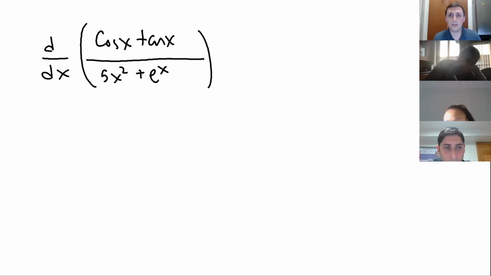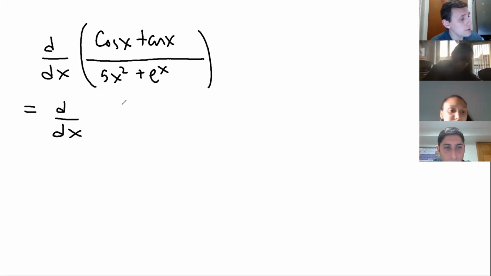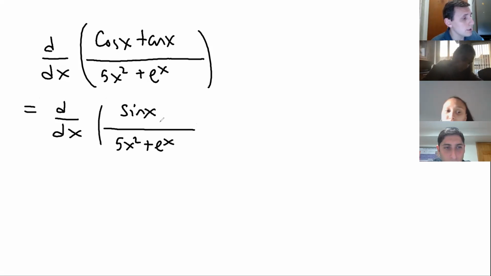All right, guys, how has it been? So you can, of course, do it directly, but look at it, guys. There is a quotient rule and a product rule. And it's much easier to simplify it. What is tangent? It's sine over cosine. It would be much simpler before taking derivative to simplify the numerator and to just write that numerator is simply sine x. So it's sine x over 5x squared plus e to the x, and we take the derivative of that, which is just a regular quotient rule.